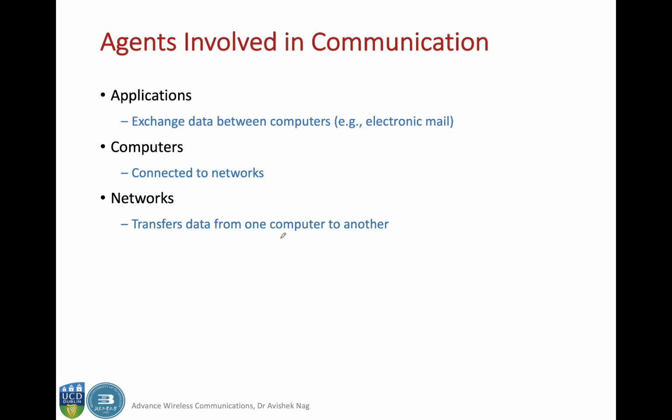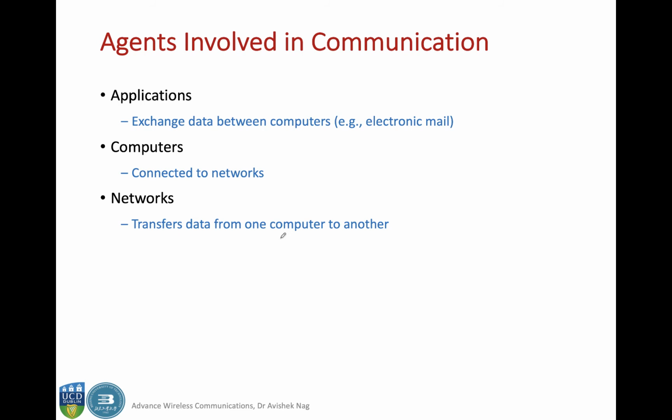The different agents involved in the communication are, first, applications that exchange data between computers. One example of an application is email. Your email is an application, your web browser is an application, and you have several applications which you shortly call apps on your phones.